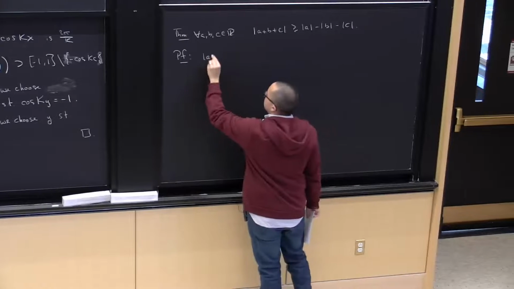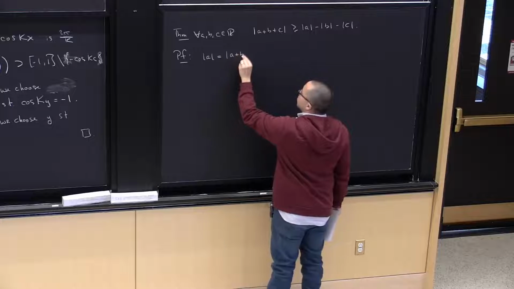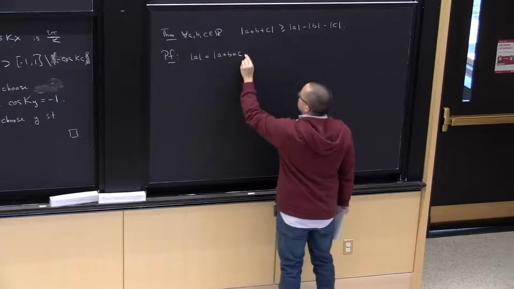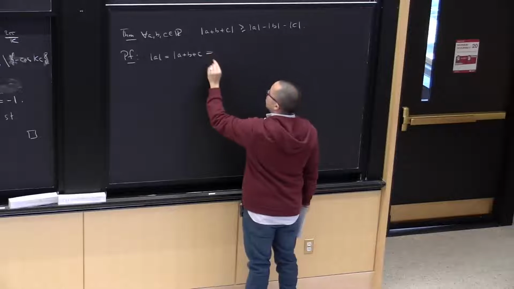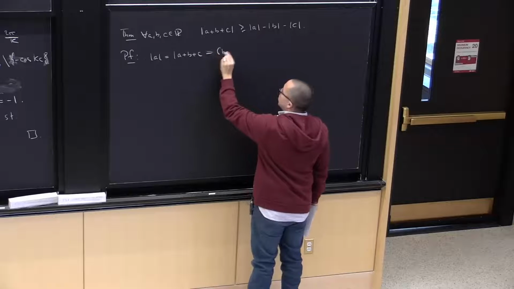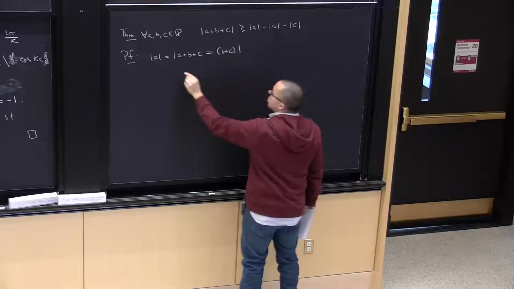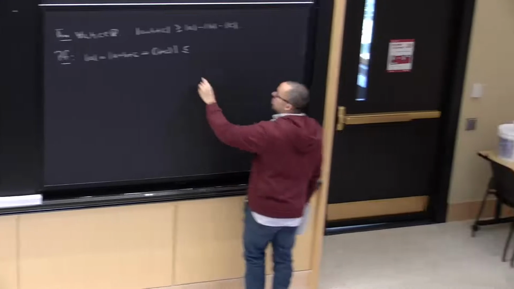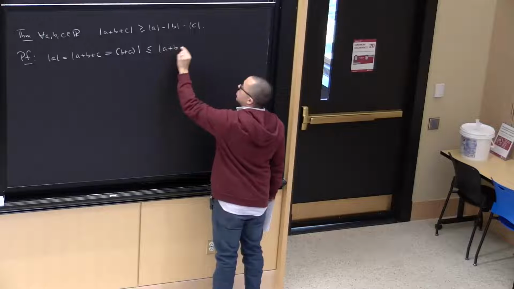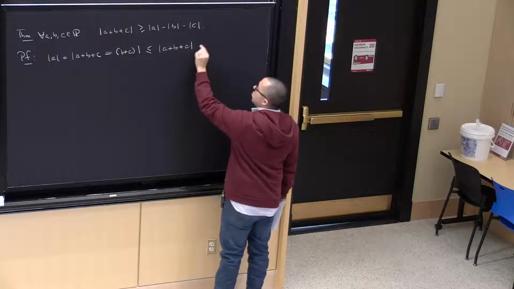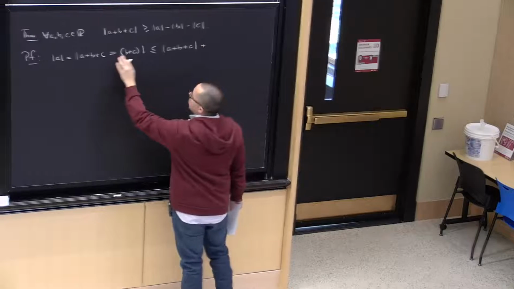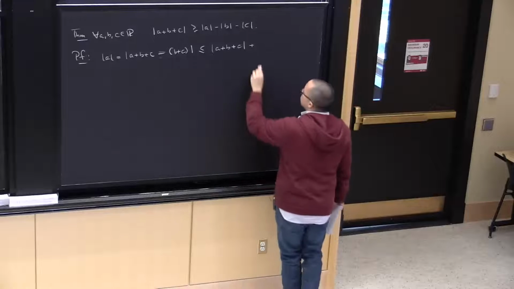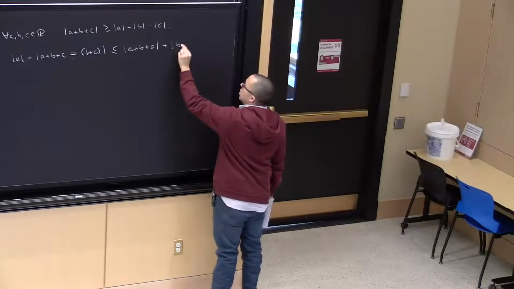We have the absolute value of a. This is equal to a plus b plus c minus b plus c. And this is less than or equal to, by the triangle inequality, the absolute value of a plus b plus c plus the absolute value of minus times b plus c, but that minus goes away with the absolute value.